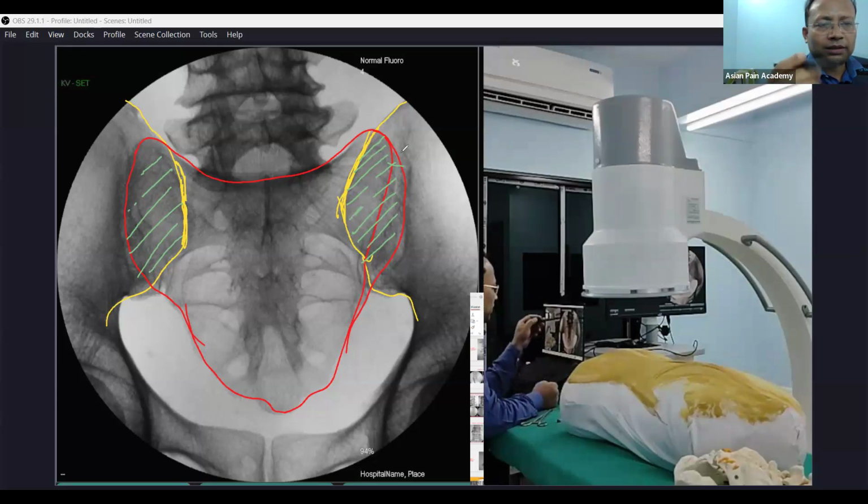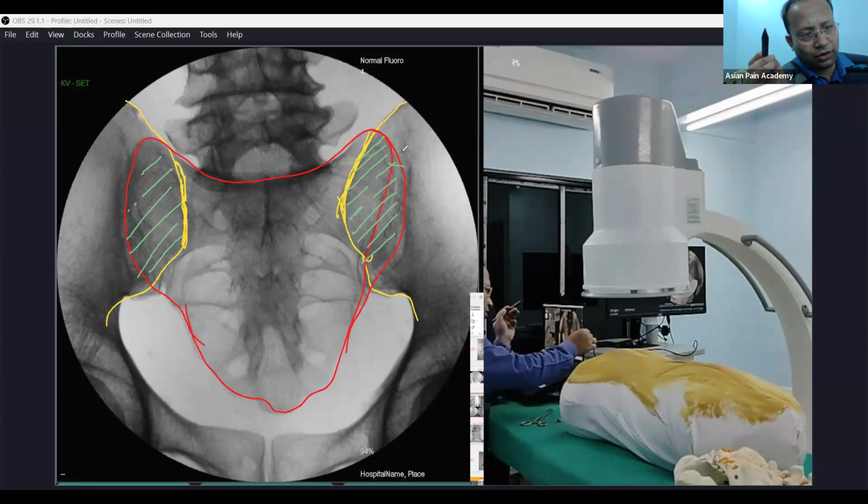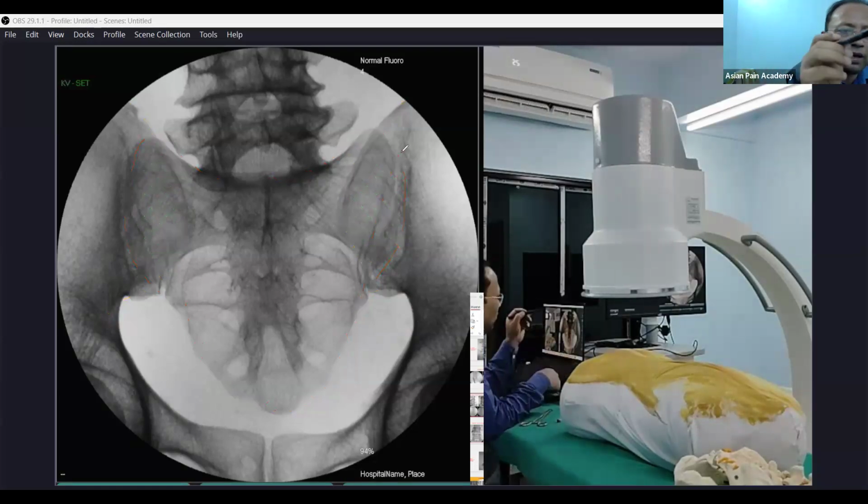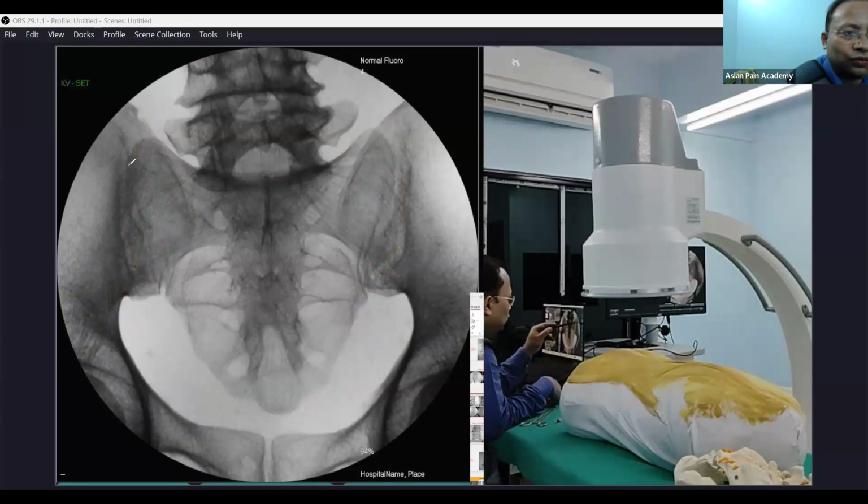That means you can say that the ilium is overlapping the sacrum. But now you see, in this overlapped part, do you feel the whole part is a joint?